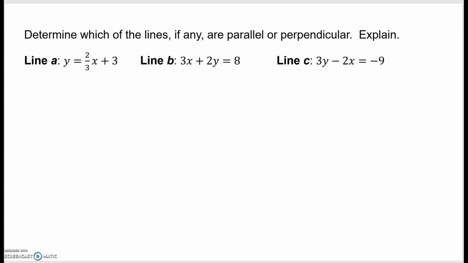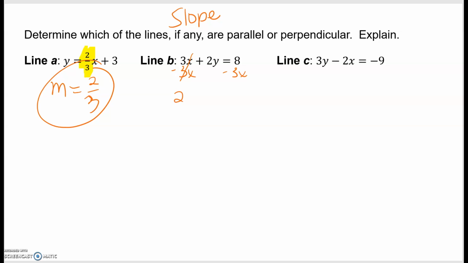Okay, last one is the same thing. So I'm going to figure out what my slope is for each line. Okay, looking at my first one, my slope is right here. So I know my slope is 2/3. My second line, I do have to solve to get this in the right form. So I'm making sure, remember pause if you need to, that this gets into y equals mx plus b form. So I went ahead, I subtracted the 3x over.